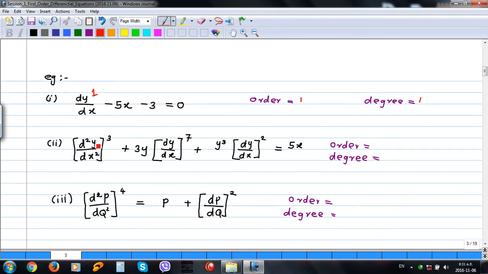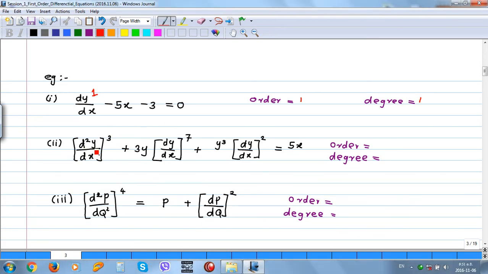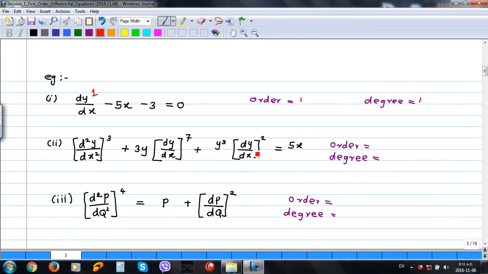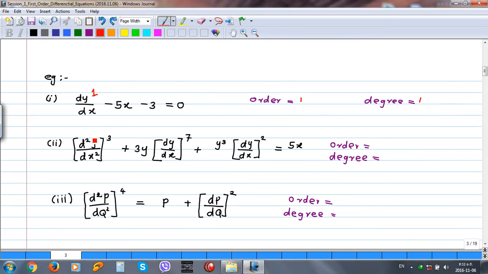And second example, (d squared y over dx squared) to the power 3 plus 3y (dy/dx) to the power 7 plus y cubed (dy/dx) to the power 2 equals 5x. So the maximum derivative here is 2.